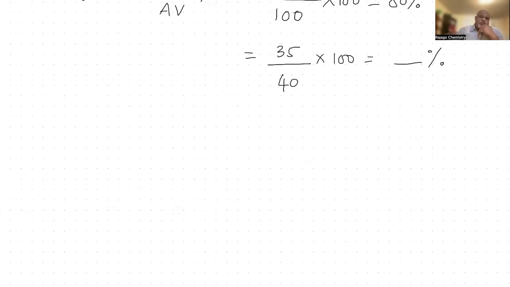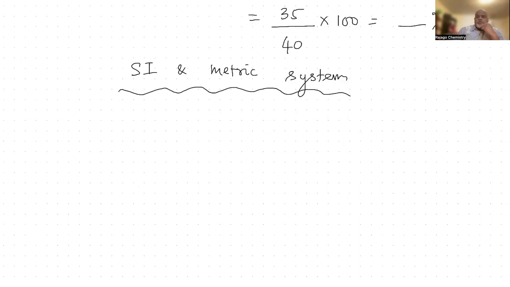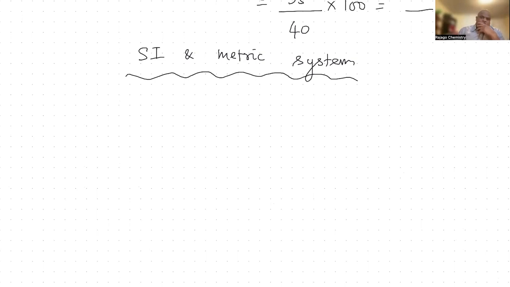The next one is using the SI and the metric system. In the SI and metric system, we use physical quantities. We are going to use only the common physical quantities, the ones related to chemistry. We are not going to jump into all the physical quantities. There is a unit for each, and a specific symbol also.